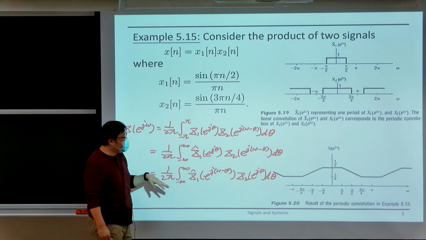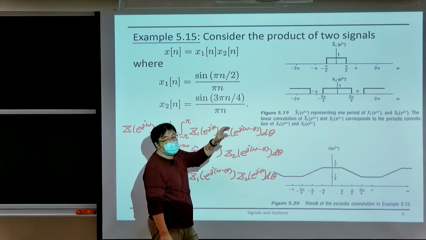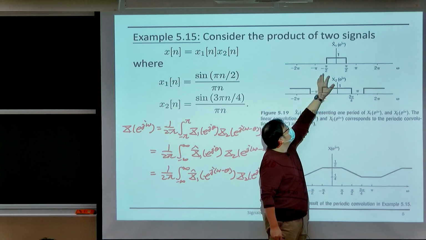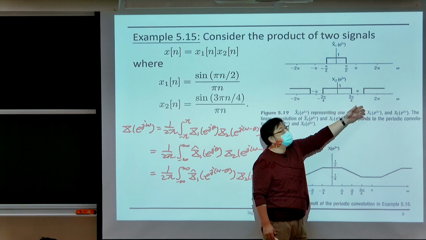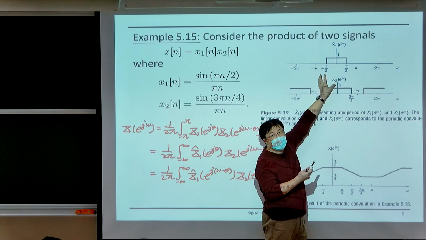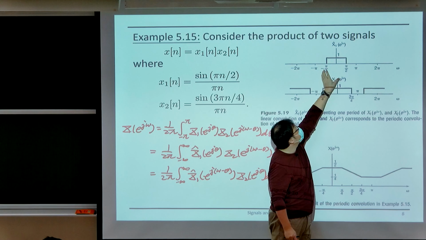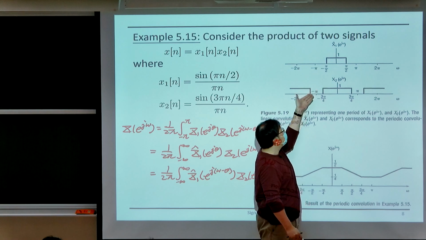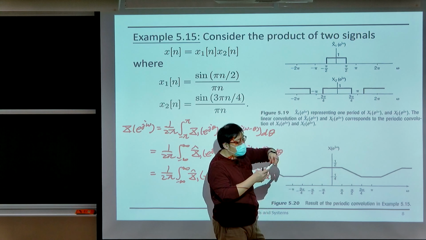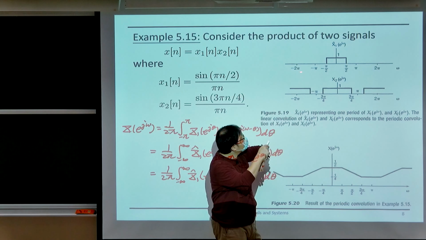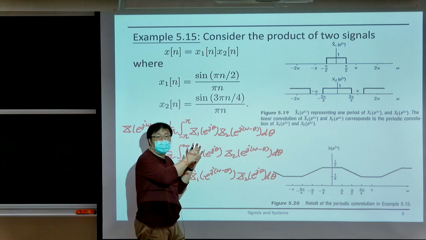Now, it's actually easier to visualize if you slide x1 hat through x2. x1 hat is not periodic, so it's easy to see what it looks like when flipped around and slid through this x2, because you don't have to deal with these replicas that may come in every 2 pi.